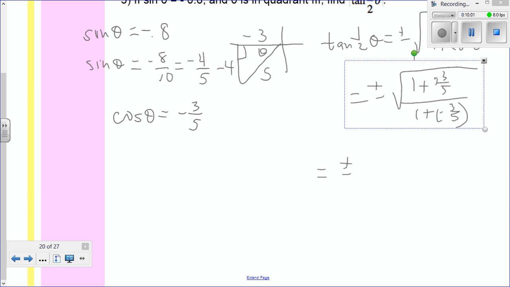Minus negative becomes plus. So 1 plus 3/5.